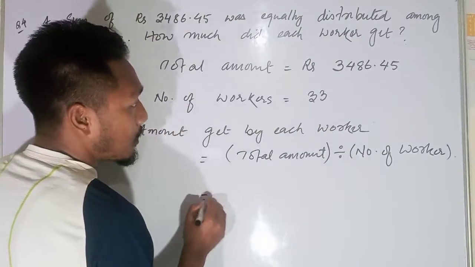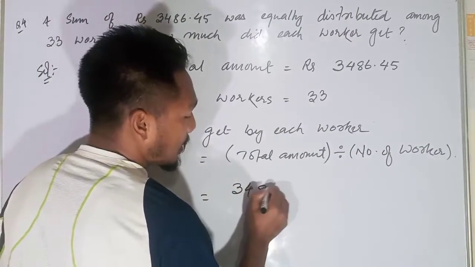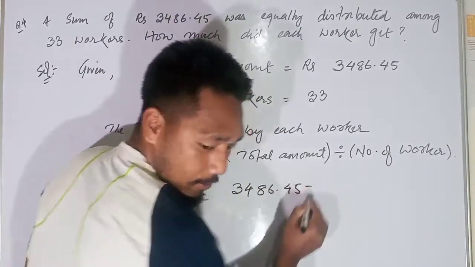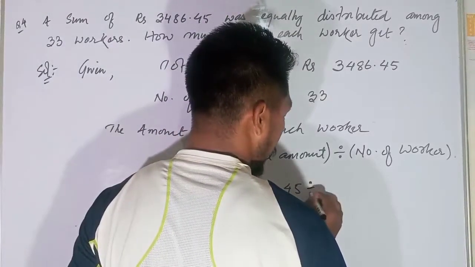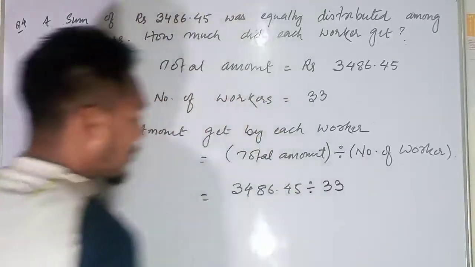That means 3,486.45 is divided by 33 workers.